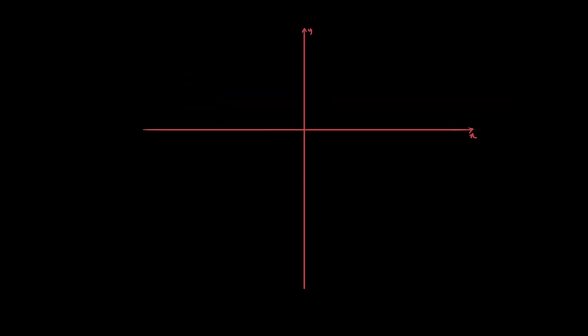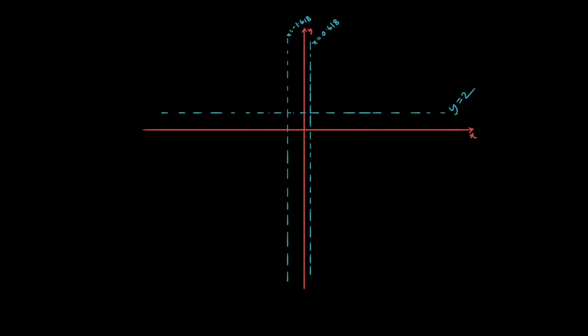Now all we have to do is sketch in our asymptotes and try to figure out a general shape of the curve. Now, as we've already found out, we have asymptotes at x equals 0.618, x equals minus 1.618, and y equals 2. And our turning point is somewhere around here.